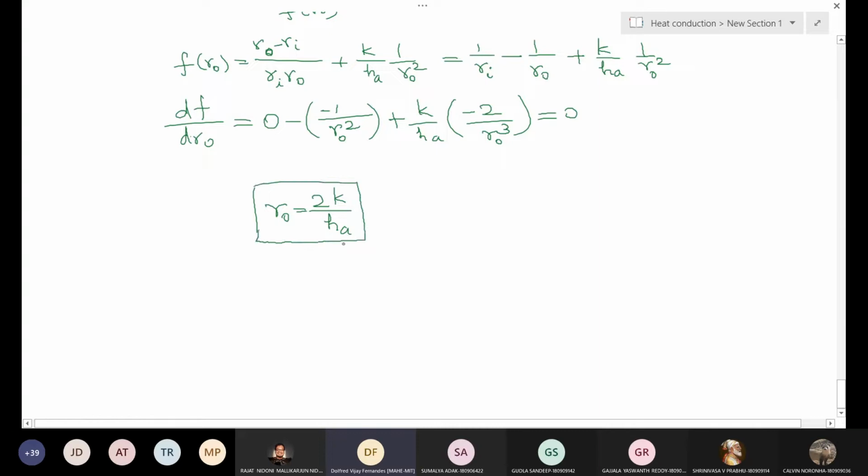For cylindrical, it is K by HA. For spherical, it is 2K by HA. This is nothing but the critical radius RC. If you want the thickness, then you have to subtract the inner radius from this and write the thickness.